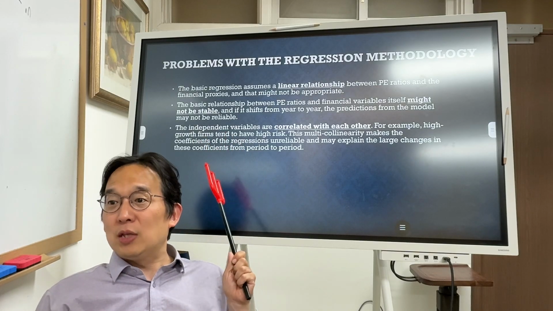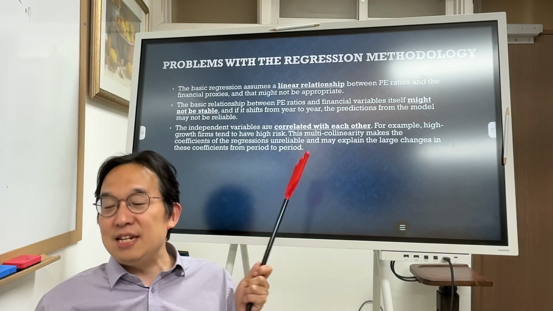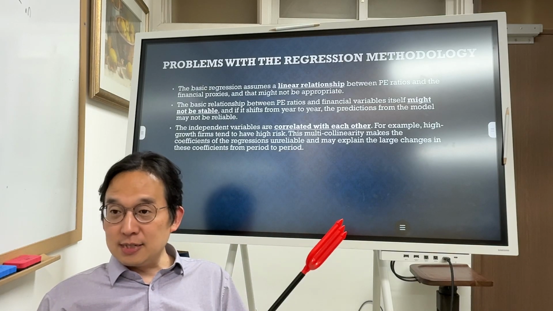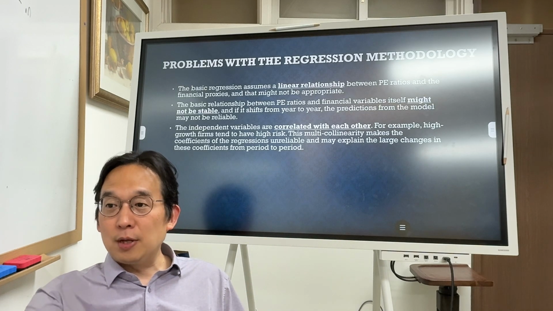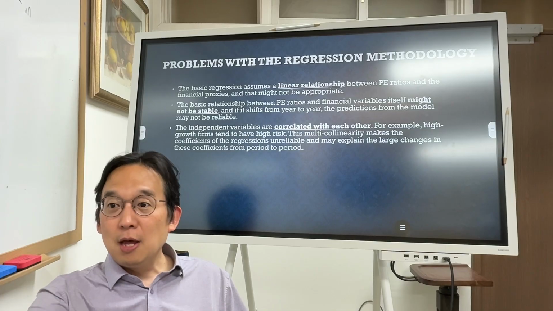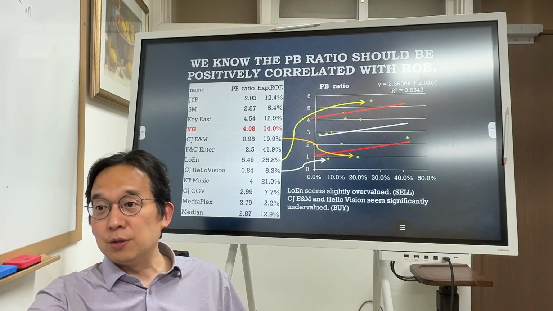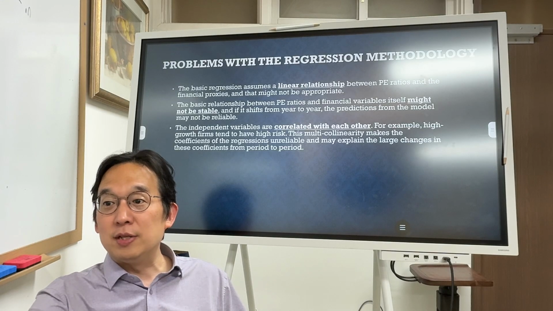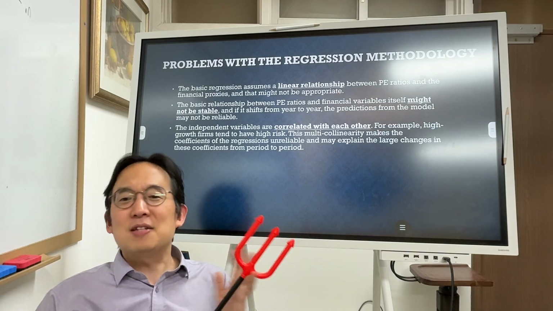Problems with the regression methodology. Well, the basic regression assumes a linear relationship between this PE ratio and the financial proxies, and that might not be appropriate. Did I use PE or PB? PB ratio, okay. I'm sorry about this typo, but it does not matter.